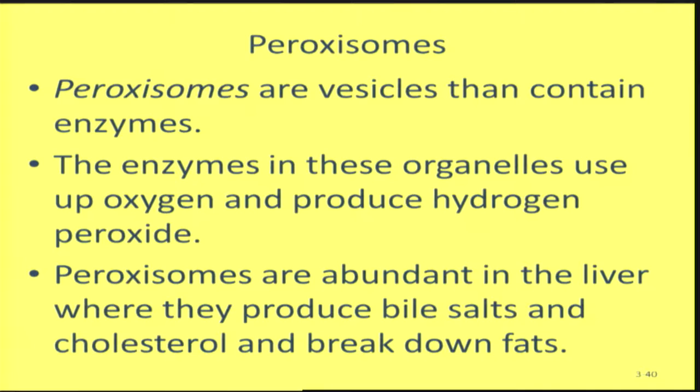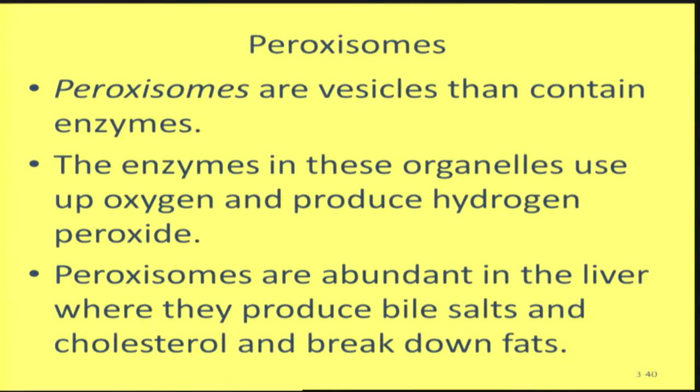These peroxisomes are highly abundant in the liver, where they produce bile salts and cholesterol, and they break down the fats. That means they are the sites where the breakdown of the fats occurs.